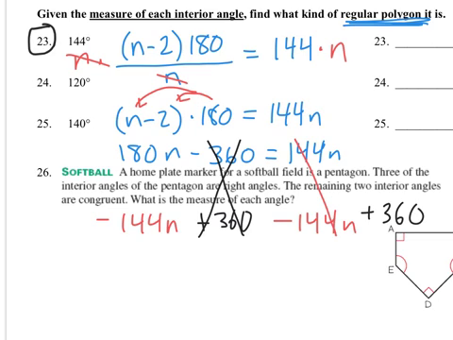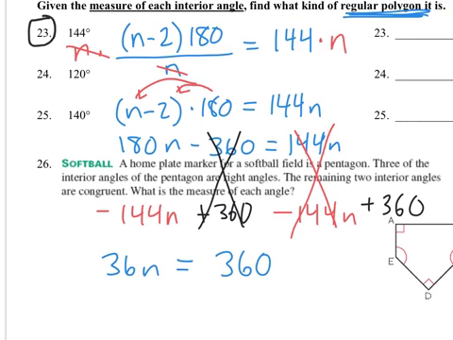And subtracting 144n from both sides cancels that off from the right side and moves it to the left side. 180n minus 144n gives us 36n, and that's all that's on the left now. And then technically 0 plus 360 gives us 360 on the right.